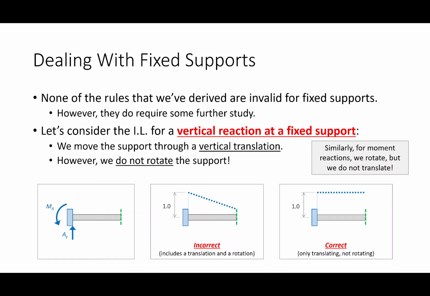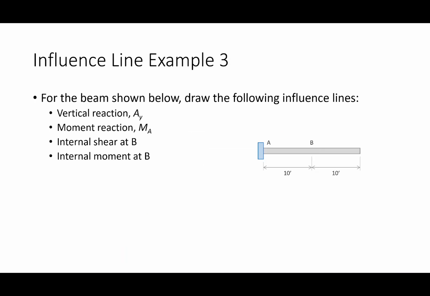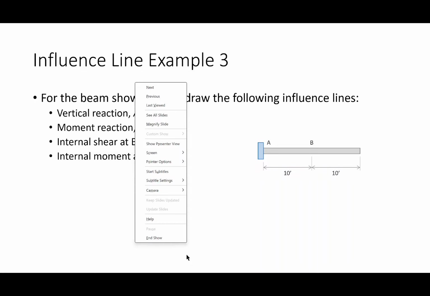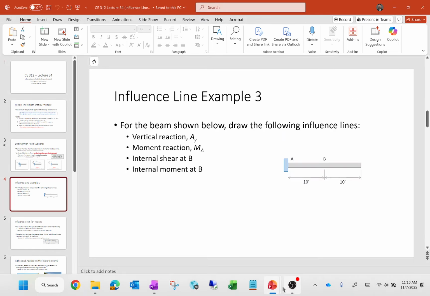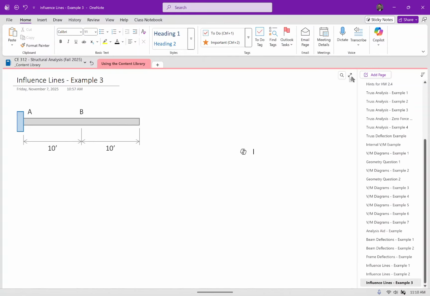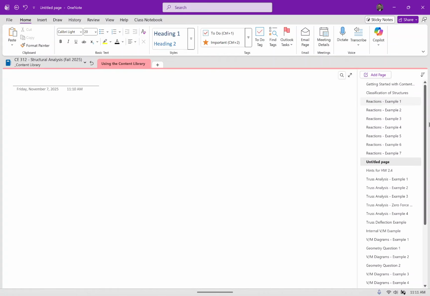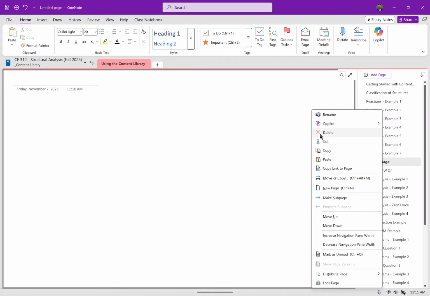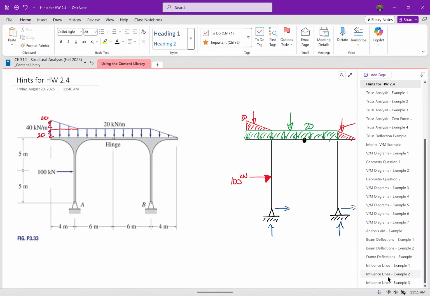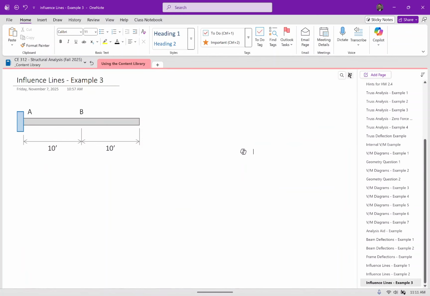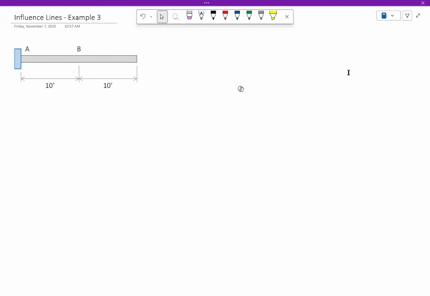Here's my point. Let's just do a problem, okay? I want to draw several influence lines for this problem. Okay, so let's get set up.